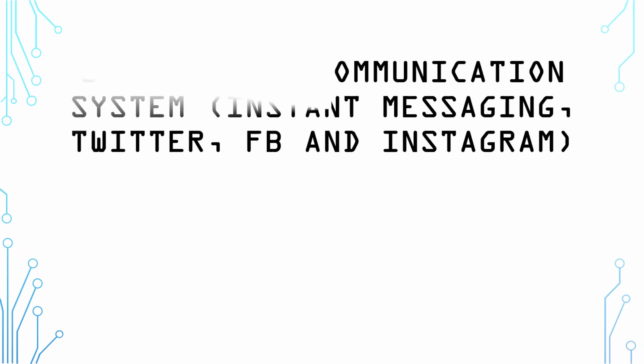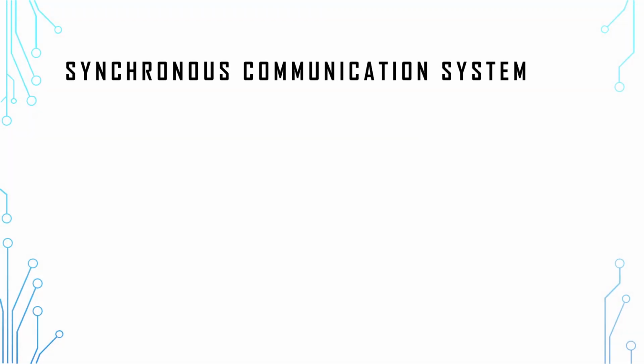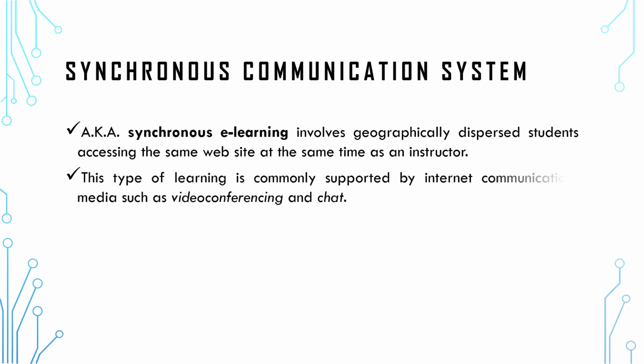And now, what do you mean by a synchronous communication system? A synchronous communication system, also known as synchronous e-learning, involves geographically dispersed students accessing the same website at the same time as an instructor. This type of learning is commonly supported by internet communications media such as video conferencing and chat.